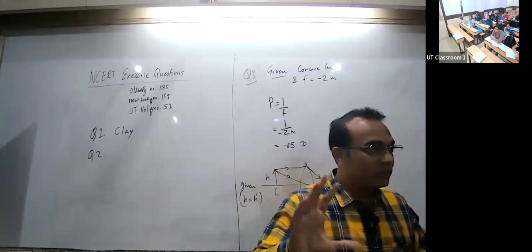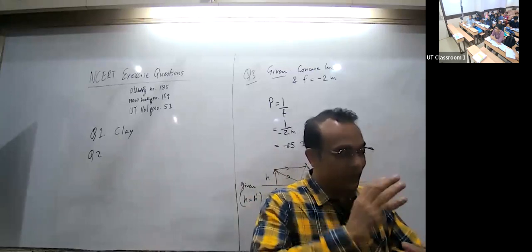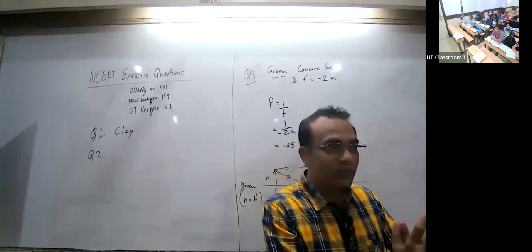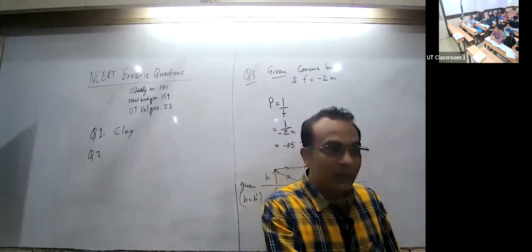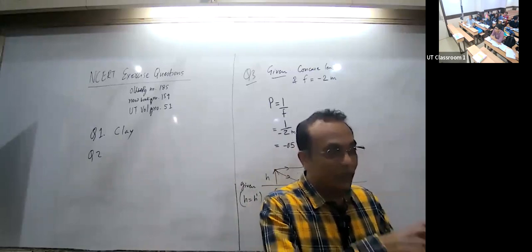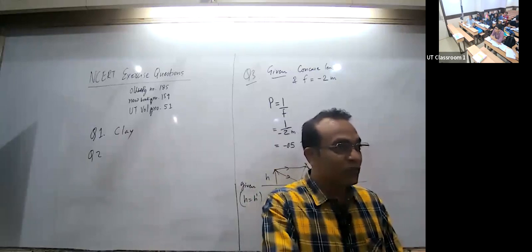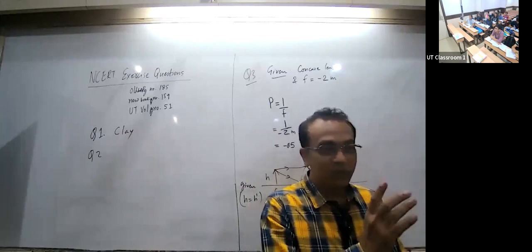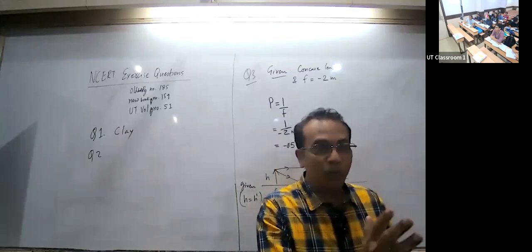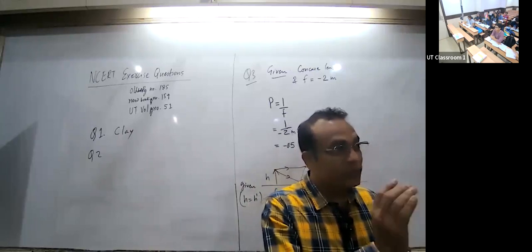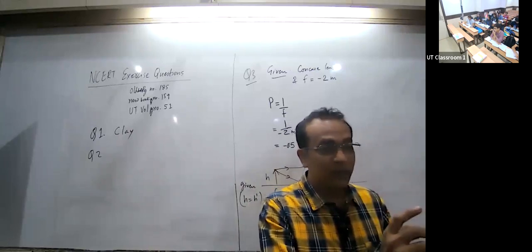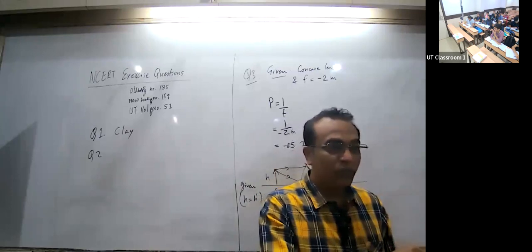Now what are the image positions? The convex mirror virtual images are always diminished. The only possibility when the virtual image is magnified is when the object is placed between focus and pole in case of mirror, which mirror? Concave mirror. And in case of convex lens, between focus and optical center.